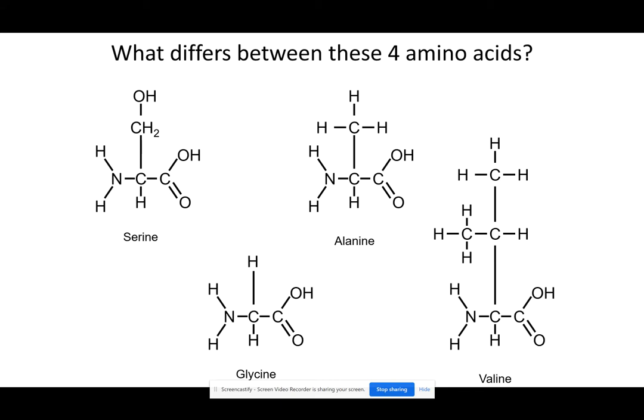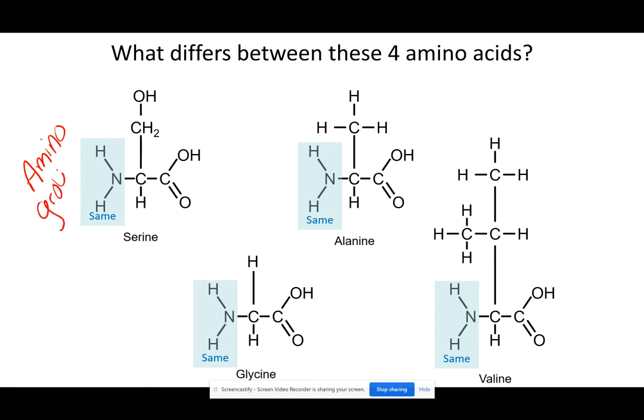Okay, so let's look at 4 amino acids altogether. We've got serine in the top left, glycine next, then alanine, and then valine. So what's different between them? Well, the amino group, remember this is the amino group, is the same.